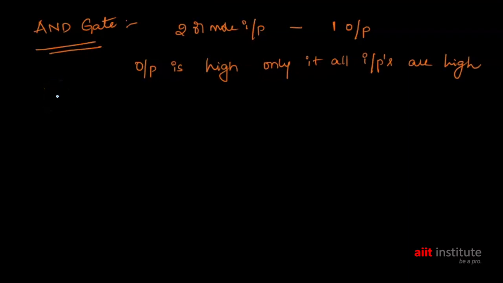Okay, so how can we clearly tell this? So suppose we have inputs A, B, and consider the output as Y, where Y is expressed as A and B. Here dot means and.